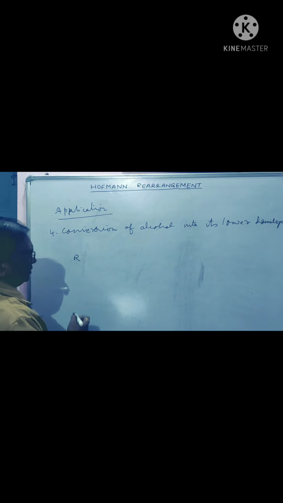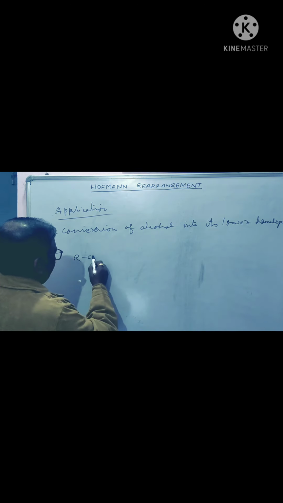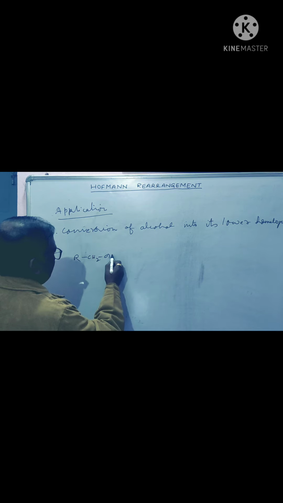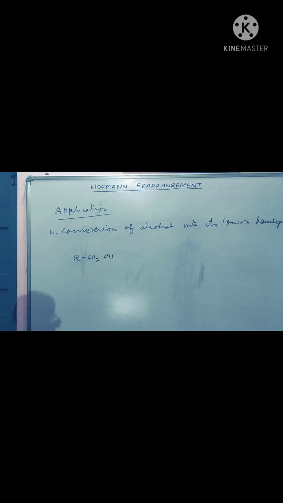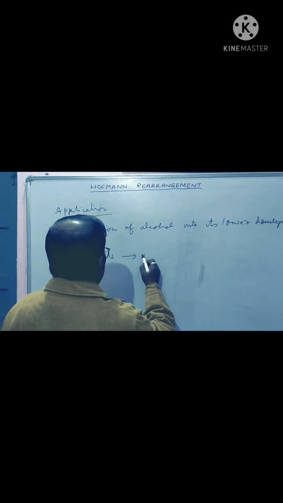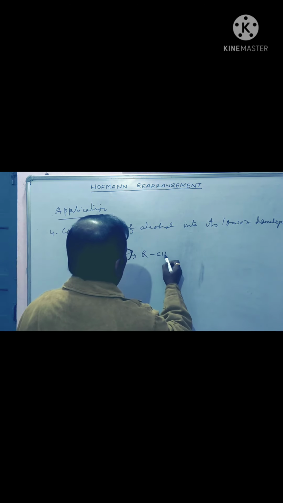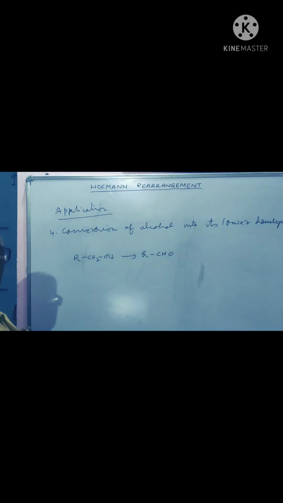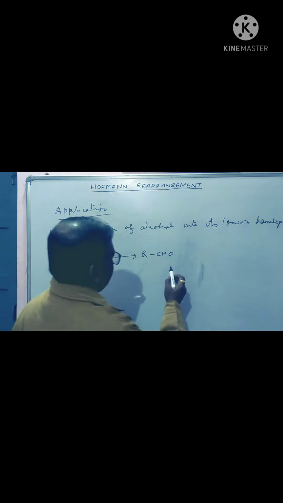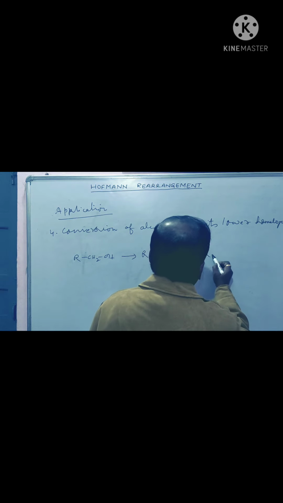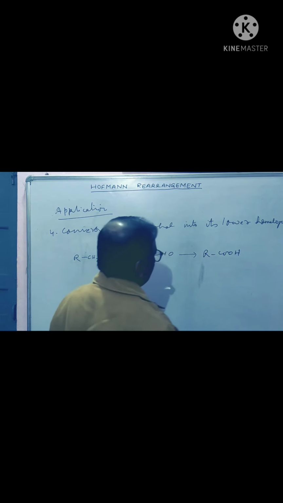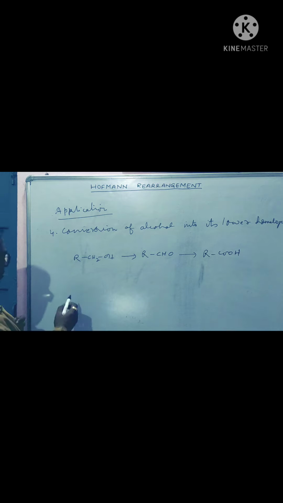Suppose it is RCH2OH. It is alcohol. Okay? When it is oxidized, you will get this aldehyde. When it is further oxidized, you will get this carboxylic acid.